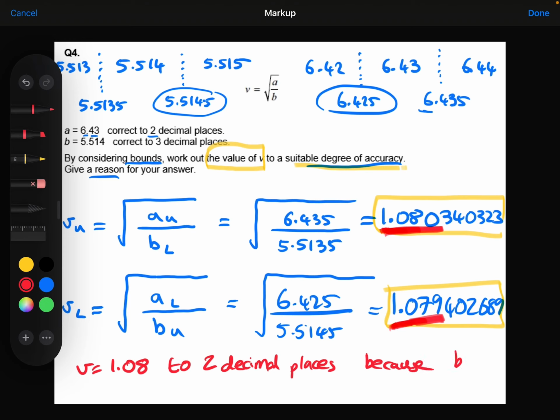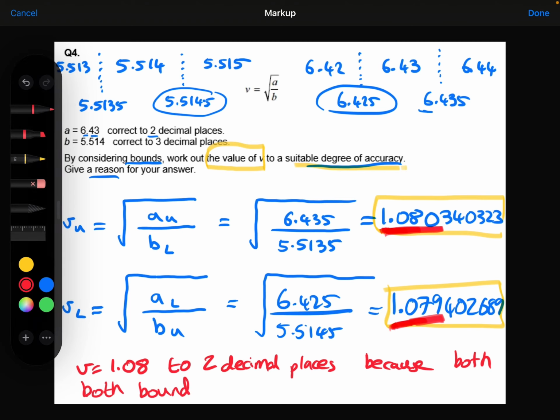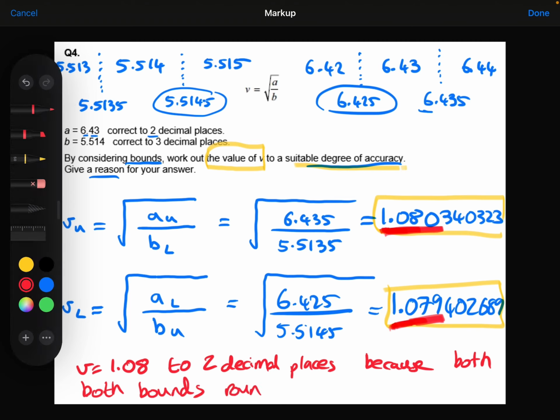Because both bounds round to 1.08. Or alternatively, you could say because all values between these bounds round to 1.08. But that's just a slightly longer way of saying it. There you go.